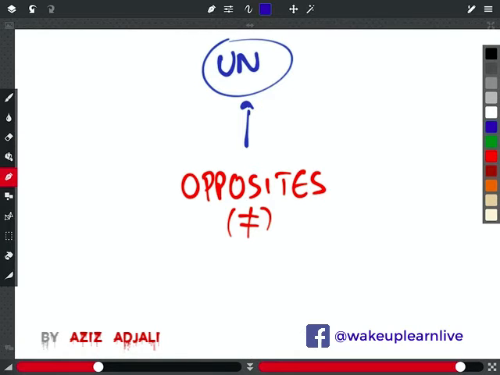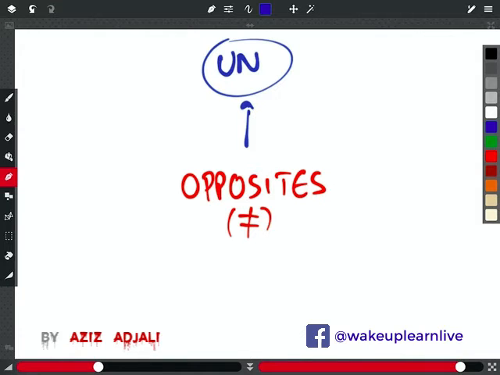Okay, for un, we have, for example, healthy, we have clear, we have seen, we have fair, necessary, popular, important, and able. All of these we use un as a prefix to obtain the opposite. For example, unhealthy, unclear, unseen, unfair, unnecessary, unpopular, unimportant, and unable.